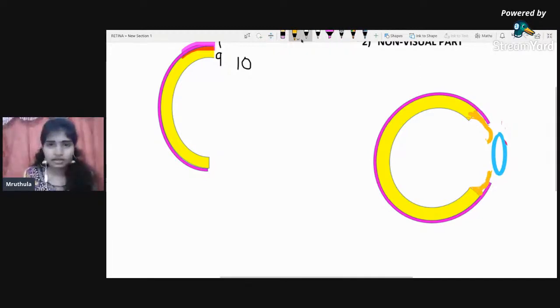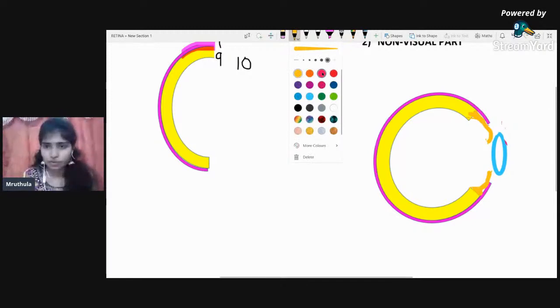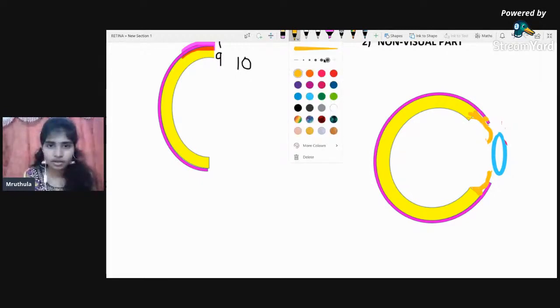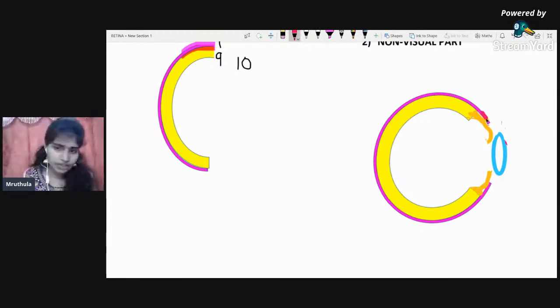And the pigmented layer, as I'm showing you now, as it proceeds forward, is the thicker one. We know that the ciliary body continues in front as the iris, right? So it lines the iris. What lines the iris? The pigmented layer.